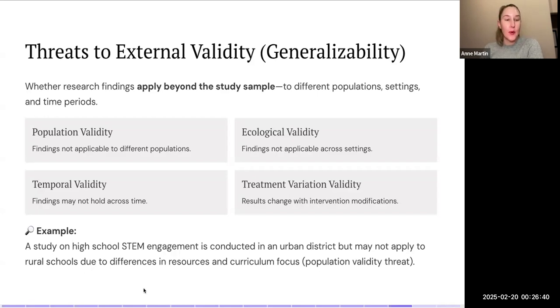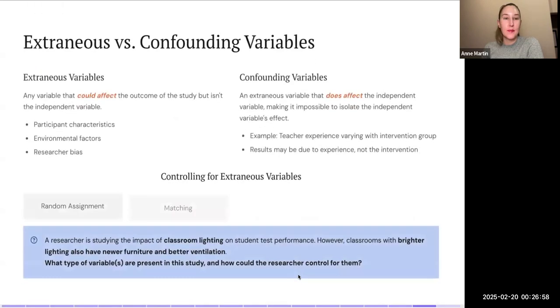So here's an example. There could be a study on STEM engagement in a high school that's conducted in an urban district, but that might not apply to a rural district, perhaps due to different focuses when it comes to STEM. So that would be a population threat.